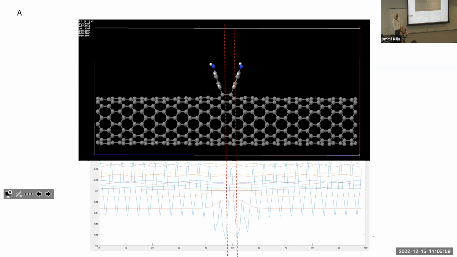And if you notice, as you get closer to your defects, your potential increases. You also can see an orange and a yellow line right here. This is going to be the eigenfunction offset by the eigenenergies. This distance right here also indicates that there is some optical activity within the carbon nanotube with these defects.